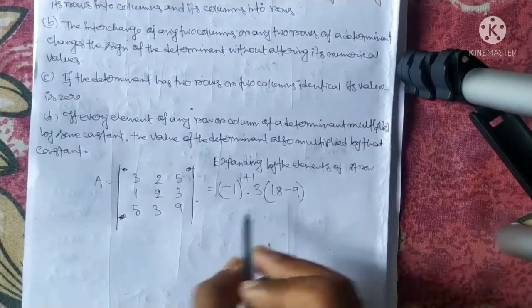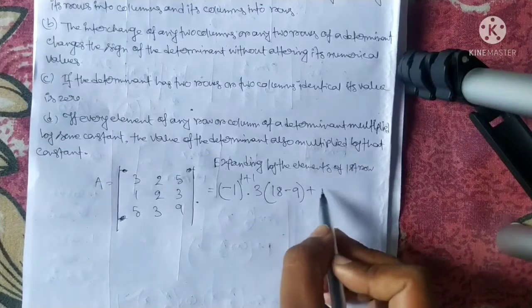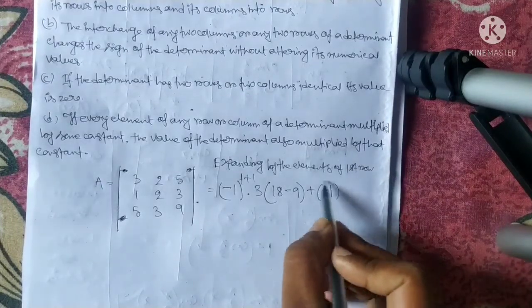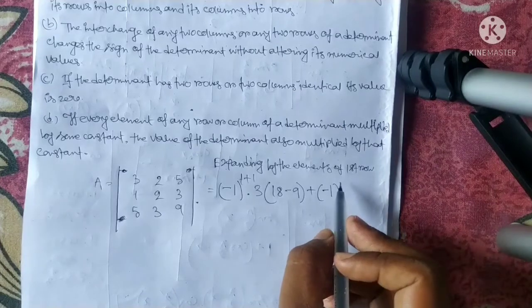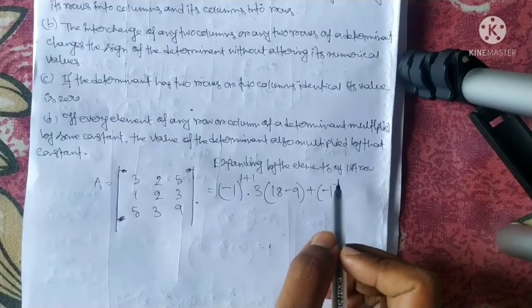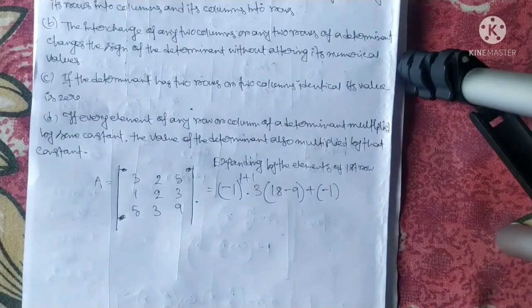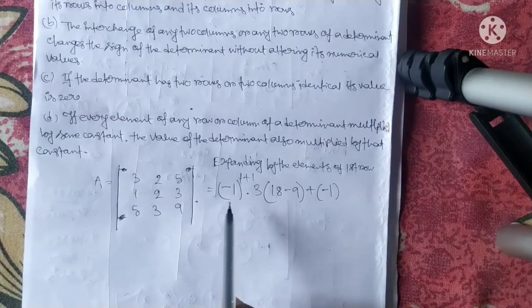Now again plus, we will be taking -1. This is the formula. Remember one thing, in determining the cofactor of a matrix and the determinant, in these two cases we need to use this formula.